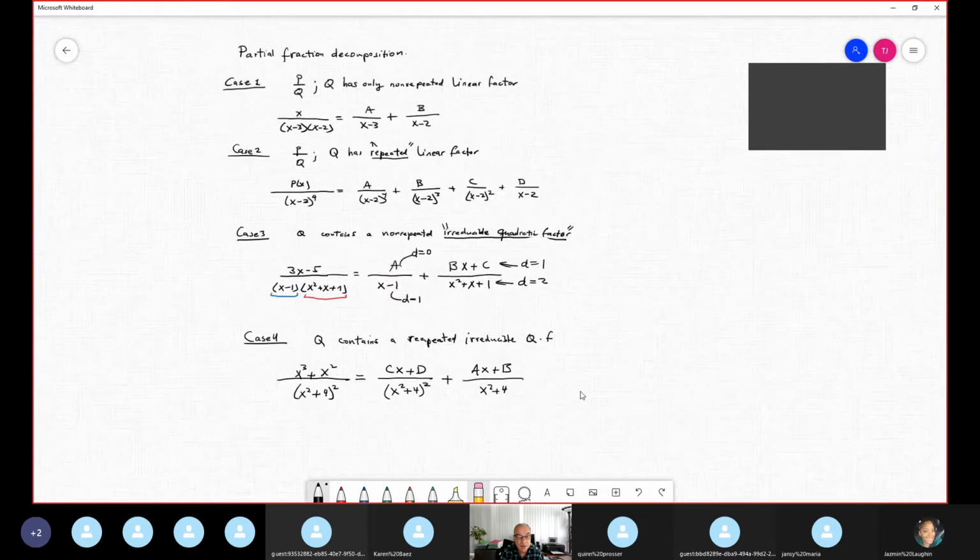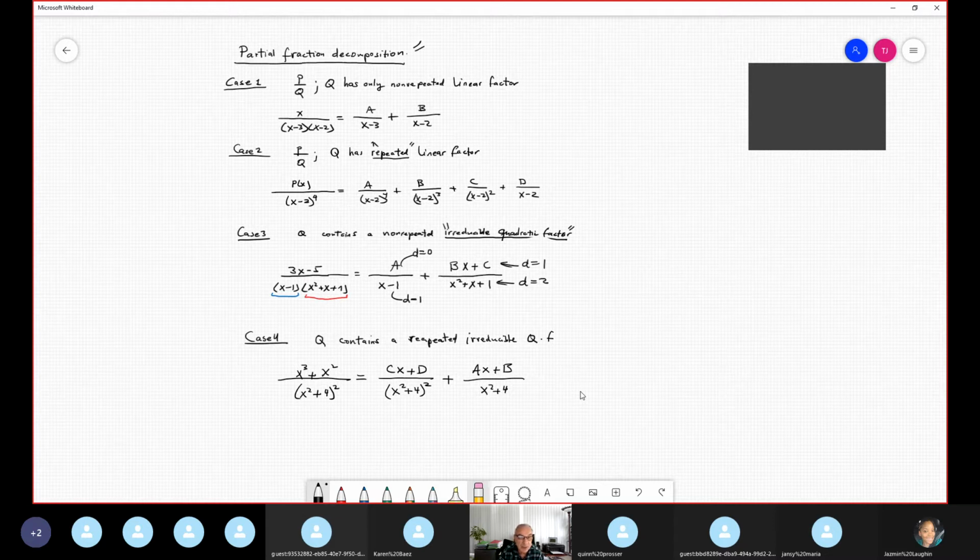Okay, the thing you need to understand is in the problem of partial fraction decomposition, we have 4 cases. Let me summarize quickly. Case 1 is the most common case we see every day. It's a non-repeated linear factor. Case 2, sometimes I can see. It's a repeated linear factor. Case 3, yes, you can see sometimes.